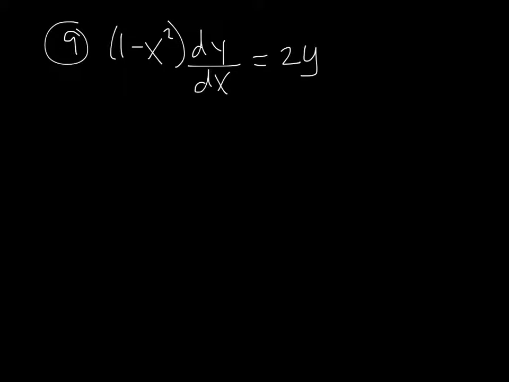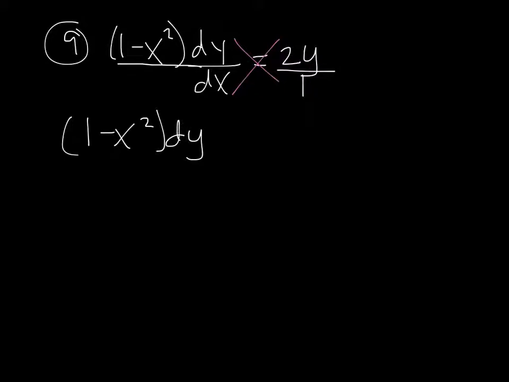We can think of this as over 1, right? There's your numerator and denominator, and we can just, again, cross multiply. So we have (1 minus x squared) dy, because times 1 is itself, and then we have 2y dx. All I did was multiply the means and extremes.